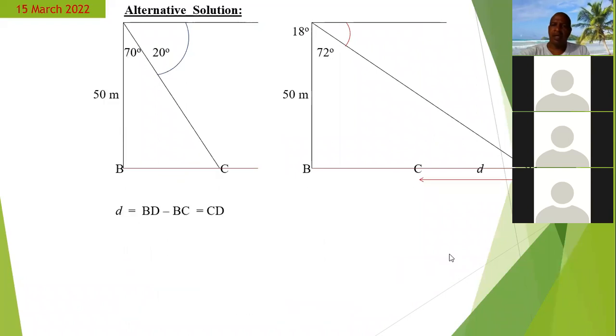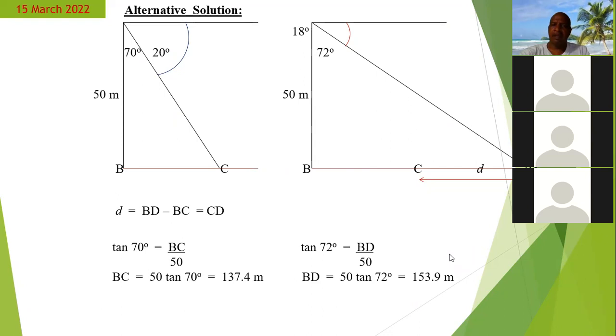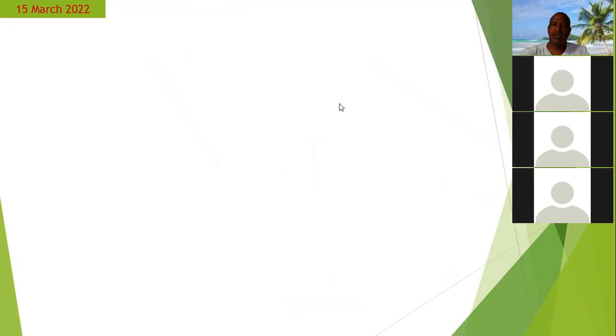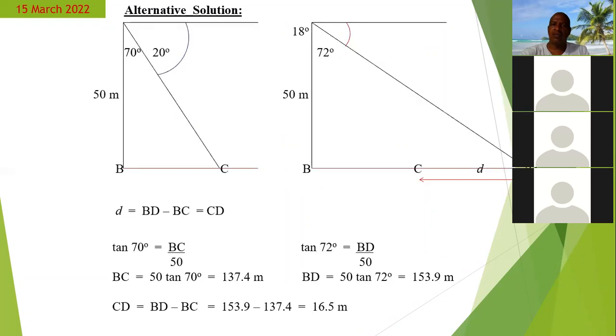We would have the other way that we could calculate it if we did the angles above. So for the smaller triangle, take away 20 from 90, we would get an angle of 70 inside. And for the larger one, we take 18 from 90, we get 72 on the inside. So we could use those angles too.